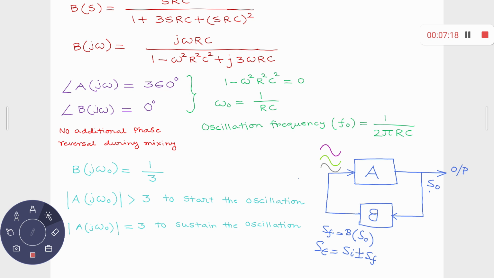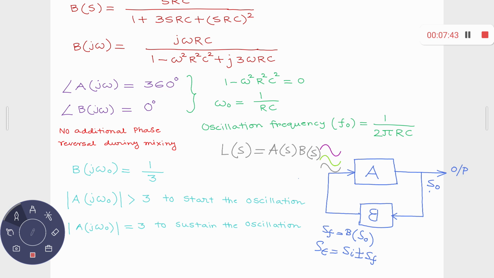And in order to obtain some sustained output over here, we have to ensure that this loop gain, what we called last day L(s), was written like A(s) times B(s), the total loop gain.